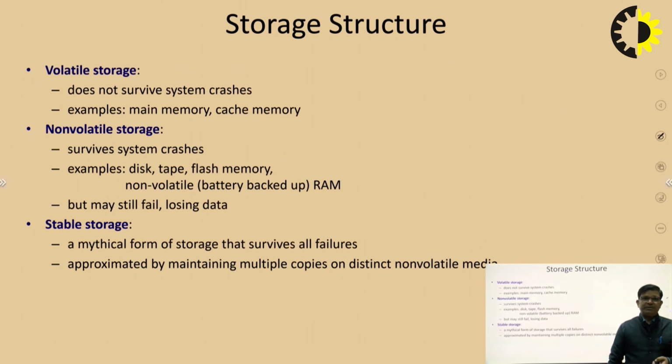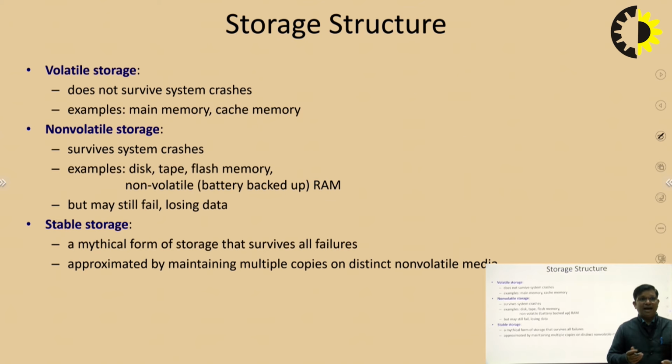The storage structure. We can define the storage structure as volatile, non-volatile, or stable storage. Volatile means it doesn't survive system crashes, for example main memory like RAM and cache memory. It stores the data, the addresses or the current transaction temporarily, not permanently. Non-volatile survives system crashes, for example disk, tape, flash memory.